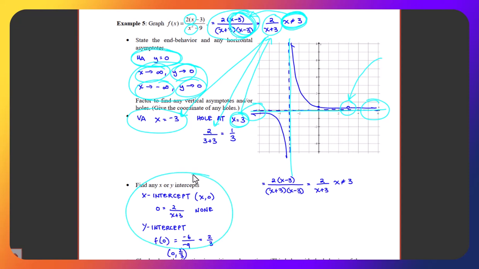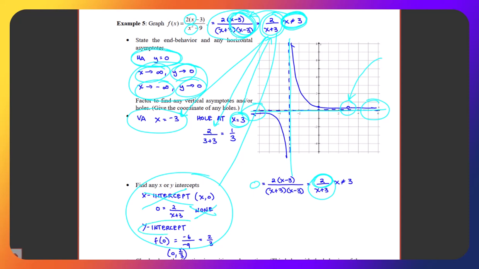Intercepts, I can take the reduced portion and set this equal to 0. When a fraction is 0, the top is 0. Well, the top can never be 0, so there isn't an x-intercept.